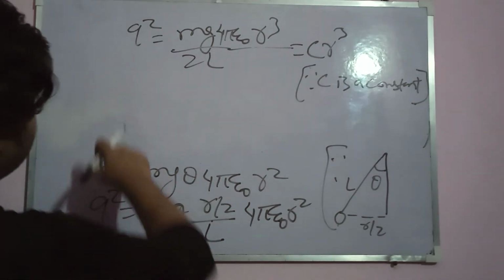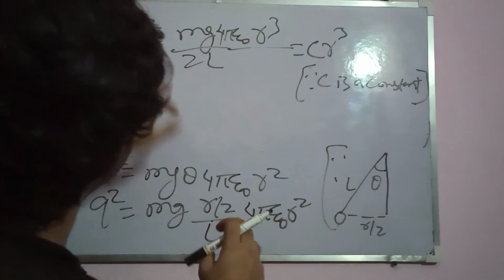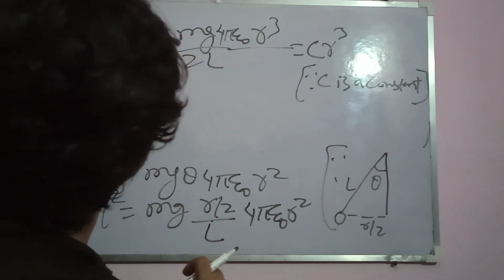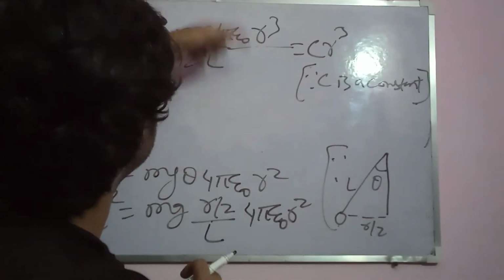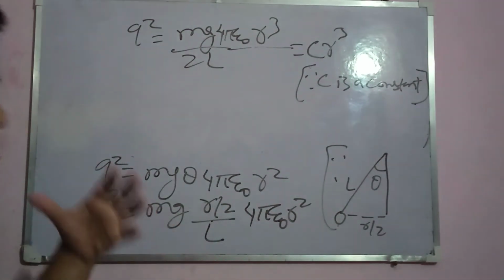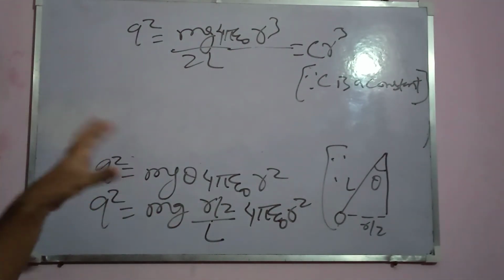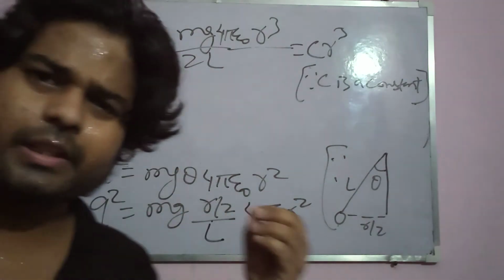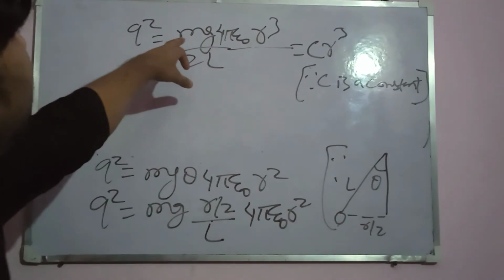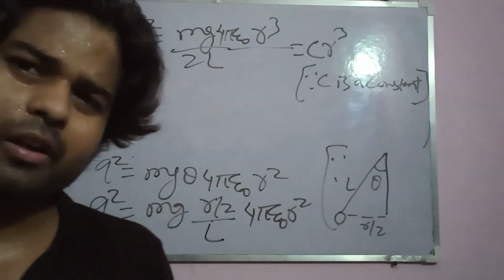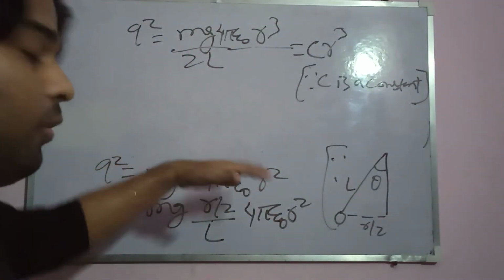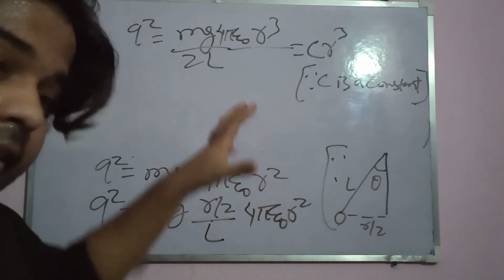There's one question you can ask me: m is also leaking. If the charge is leaking, then m is also leaking, so why can I take C as constant? The leaking of charge is considerable for the electrostatic force and Coulomb's force, but the leaking in mass is very negligible, as we are aware of quantization of charge.